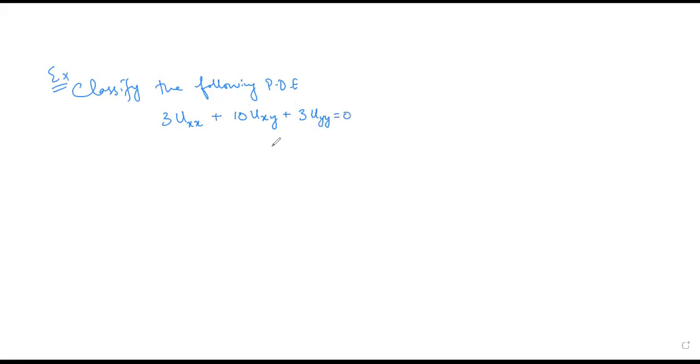0. Now if you compare the above equation with the general equation, a uxx plus b uxy plus c uyy plus d ux plus e uy plus f equal to 0, you can see here we have only these 3 terms to compare.